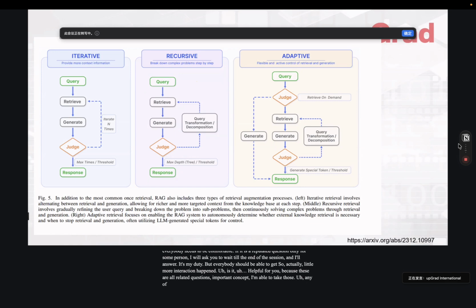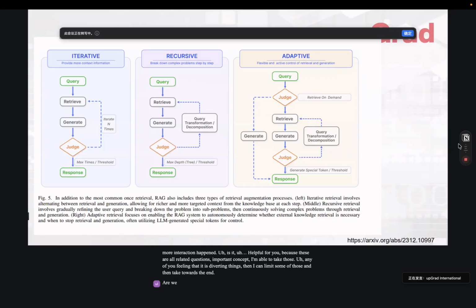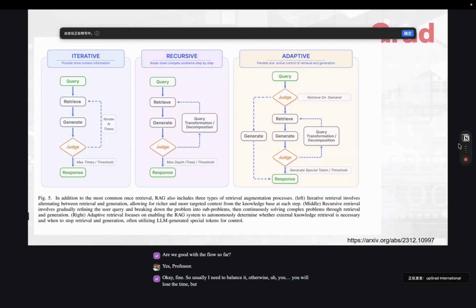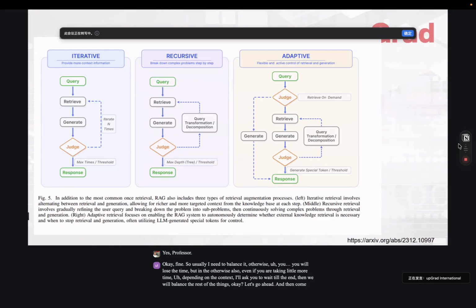If any of you feel it is diverting, then I can limit some of those and take them towards the end. Are we good with the flow so far? Yes, Professor. Okay, fine. So I need to balance it, otherwise you lose the time. Even if you are taking a little more time, depending on the context, I'll ask you to wait till the end. Then we will balance the rest of the things. Okay, let's go ahead and come back in 10 minutes.